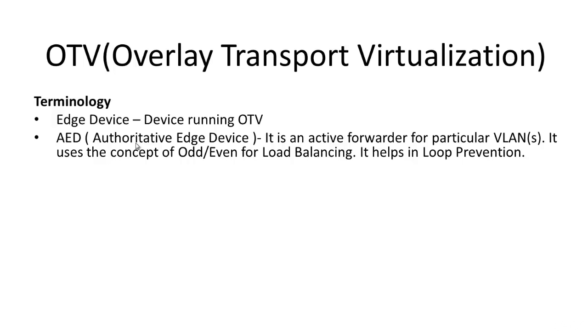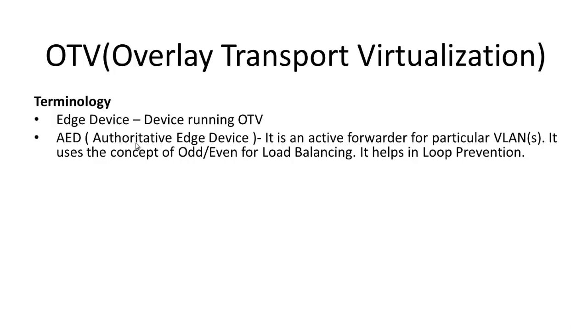It uses the load balancing concept of odd and even. For even VLANs, one AED will forward, and for odd VLANs, the other one. This order cannot be changed. We cannot change this load balancing mechanism because that is the way it has been designed.